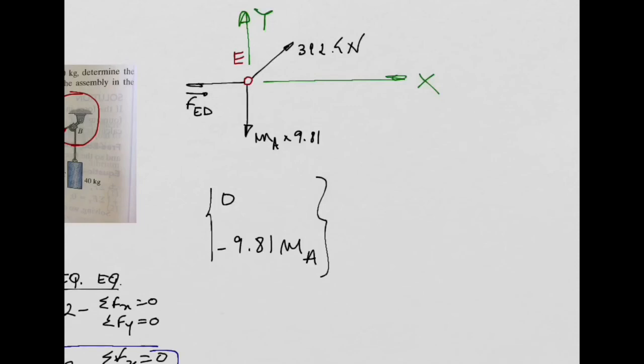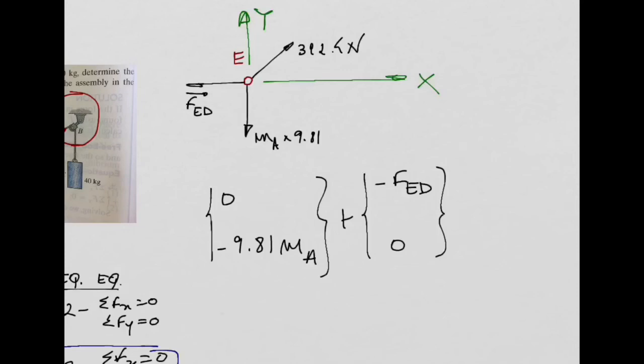Let's include now the vector for the horizontal force FED. FED is opposite to X, so it needs to be negative. So minus FED. FED is still unknown, so we don't know its value.